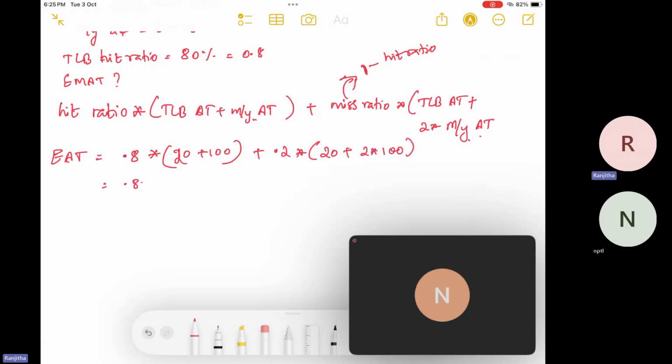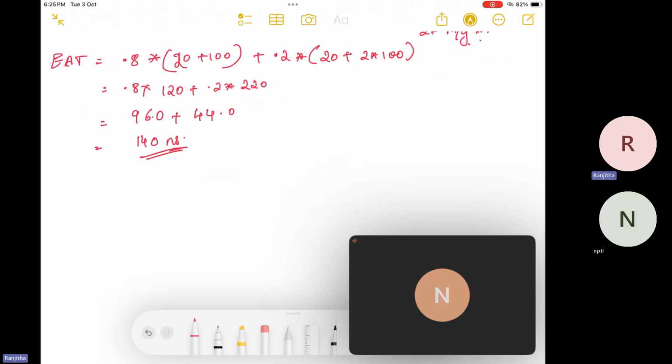So which is 0.8 into 120 plus 0.2 into 220, which is 96 plus 44, equal to 140 nanoseconds. Okay, so this is one. We will see a couple of things in case you have any doubts, let me know.